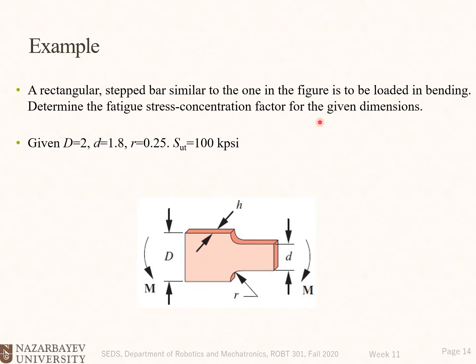Here we have an example. It's a very easy example. I'm going to leave it to you to calculate the fatigue stress concentration factor for this specific geometry at the fillet. So a rectangular step bar, similar to the one in the figure, is to be loaded in bending.